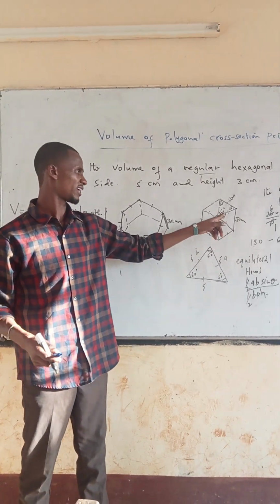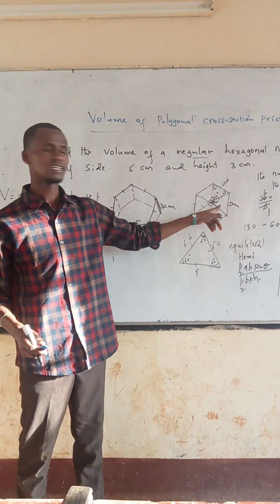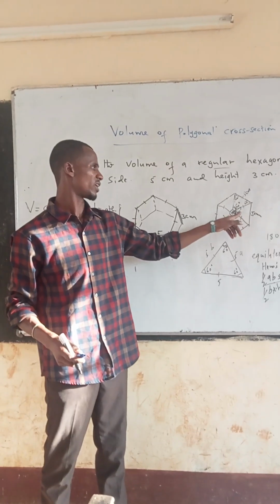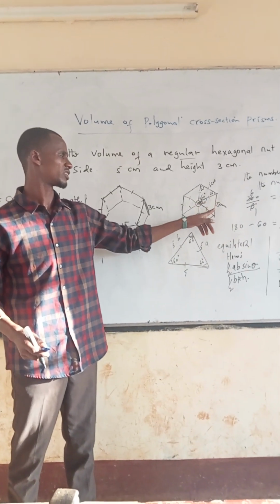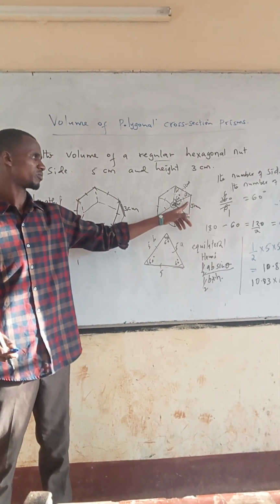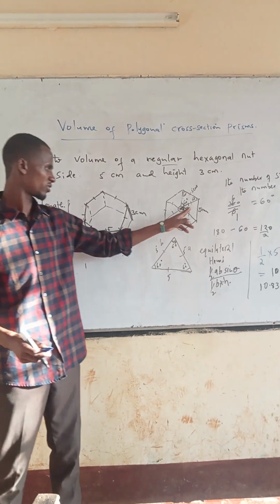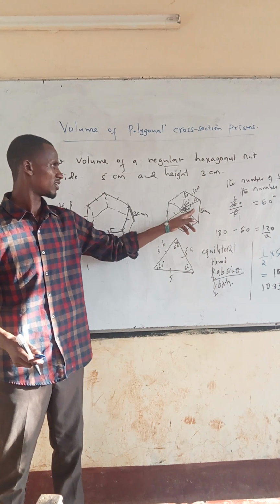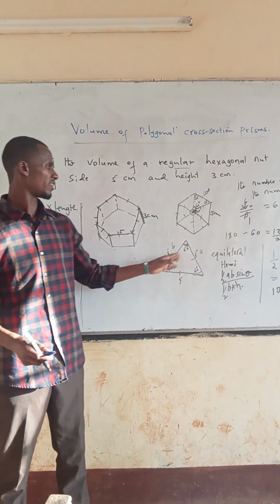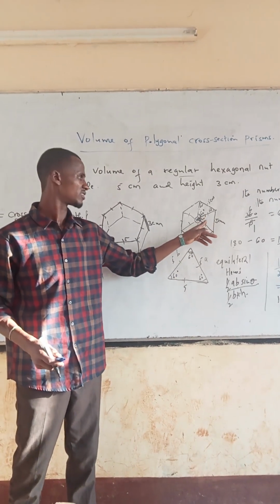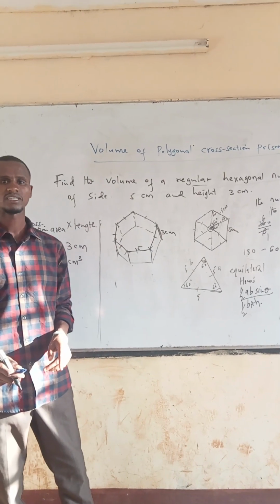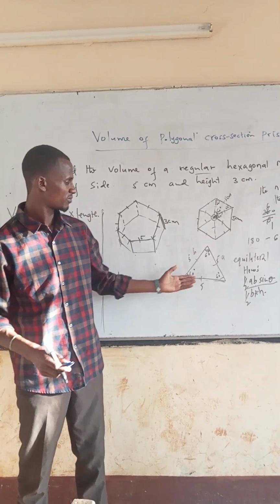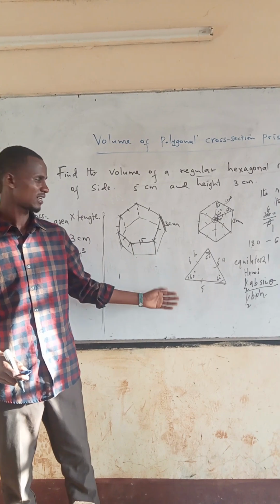For a hexagon, you see that it is equiangular, because 180 minus 60 gives 120, and 120 divided by 2, the base angles will be 60. So the triangle for a hexagonal polygon is an equilateral triangle. That means the angles are equal and also the sides are equal.